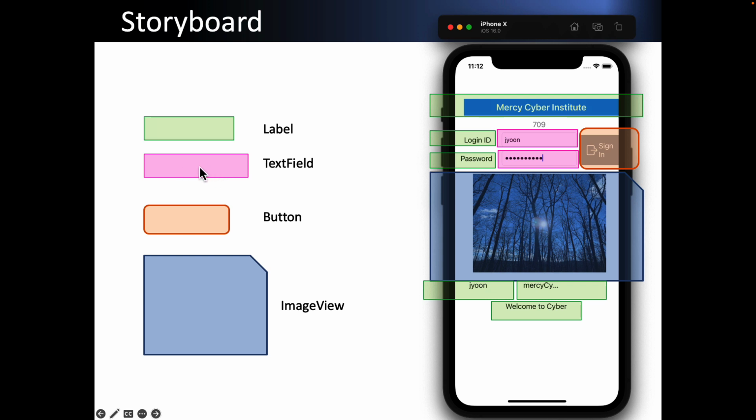And the pink box is a text field, so they can ask the user to enter some text. And then there is also a button, a rectangle shape with a rounded corner like this. That is a button. So you can have one or more buttons.